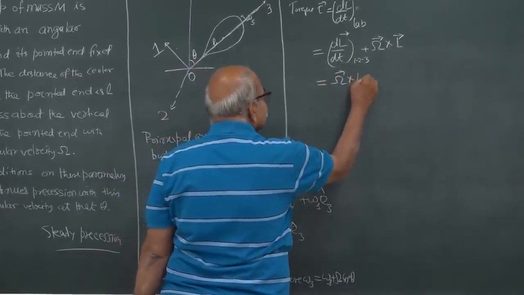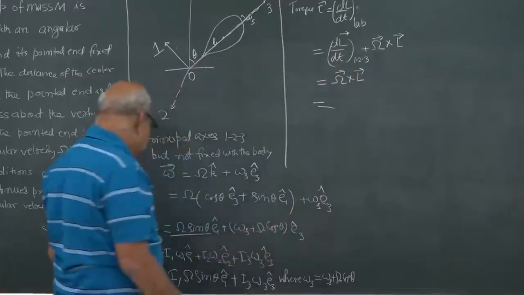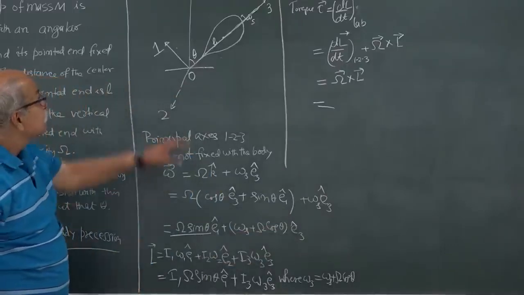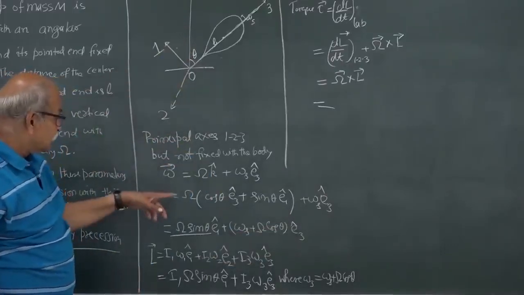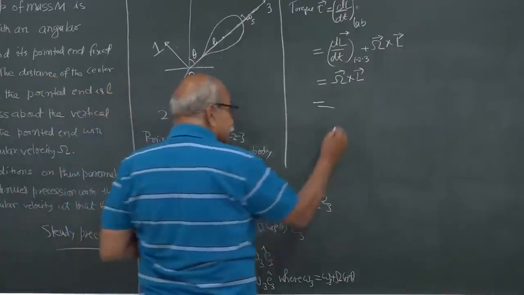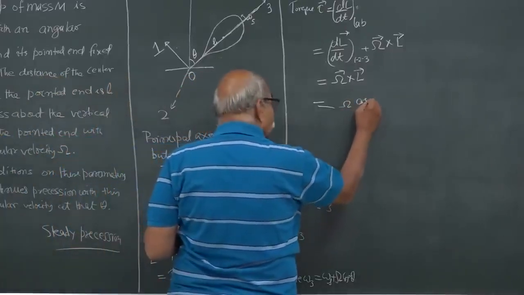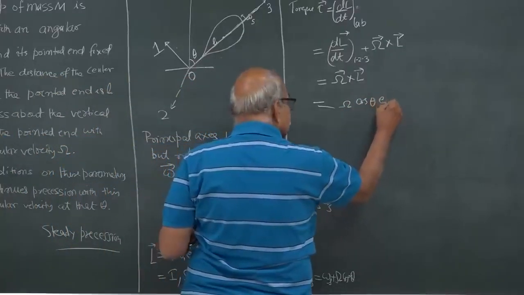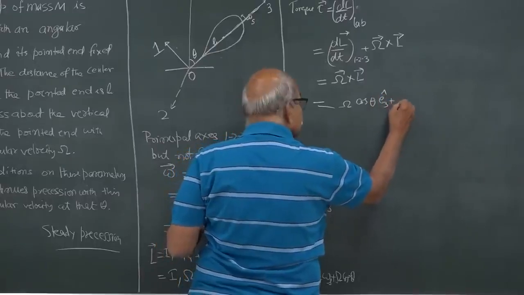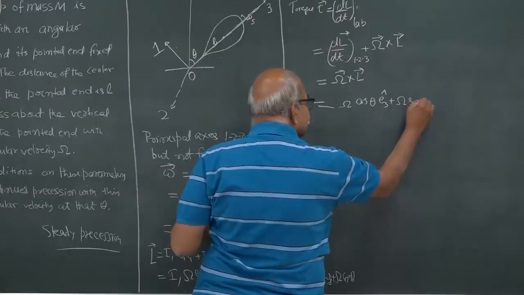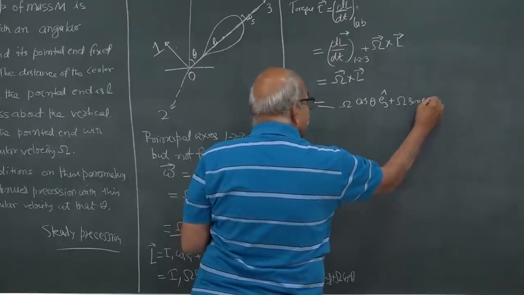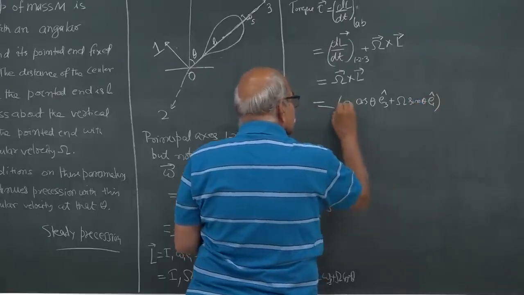cross L, and that means the omega vector is here, this is the omega vector, capital Omega cos theta E3 cap plus capital Omega sin theta E1 cap. Okay.